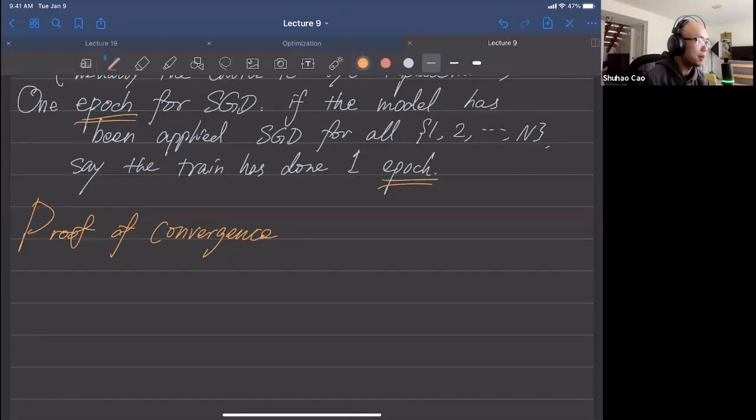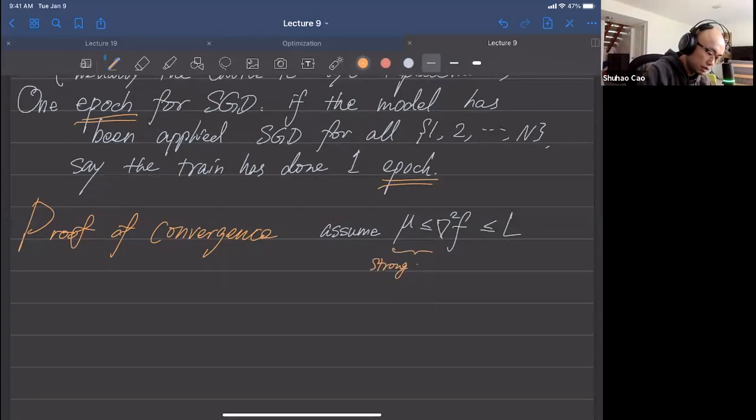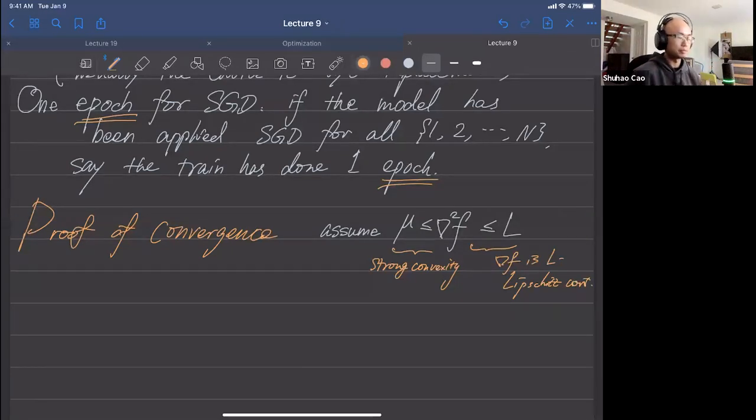So for the proof of convergence, in our case, we still assume our loss function is Lipschitz continuous and strongly convex. So this is strong convexity, and this is the gradient of f being L-Lipschitz continuous.